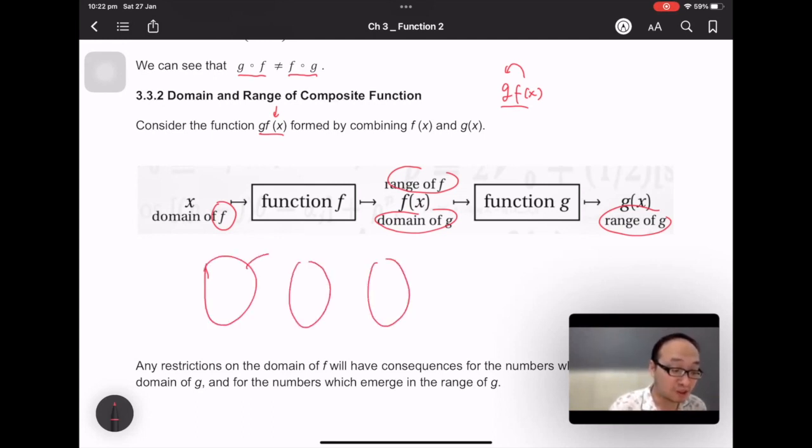So we start with F. The domain of F will be used first, taken into the function F, and this will result in the range of F.